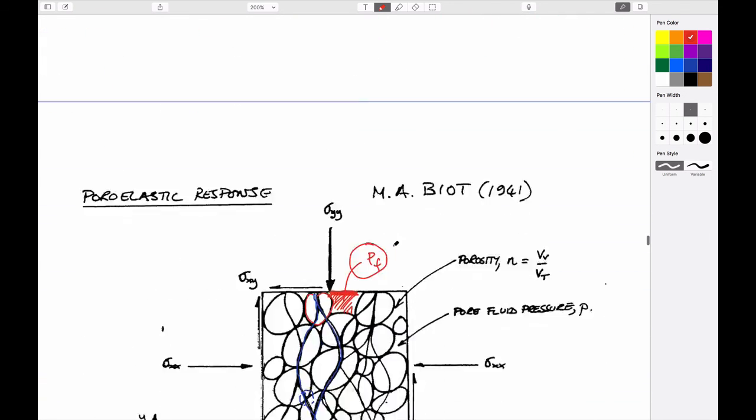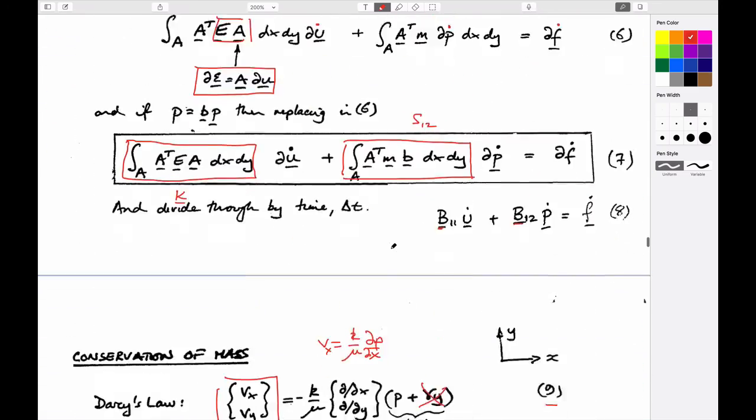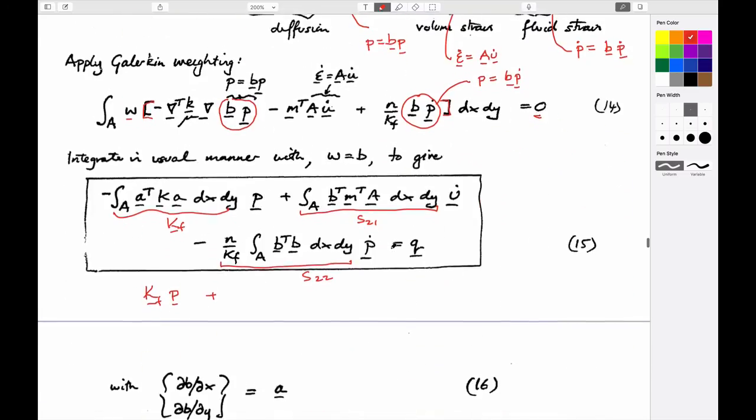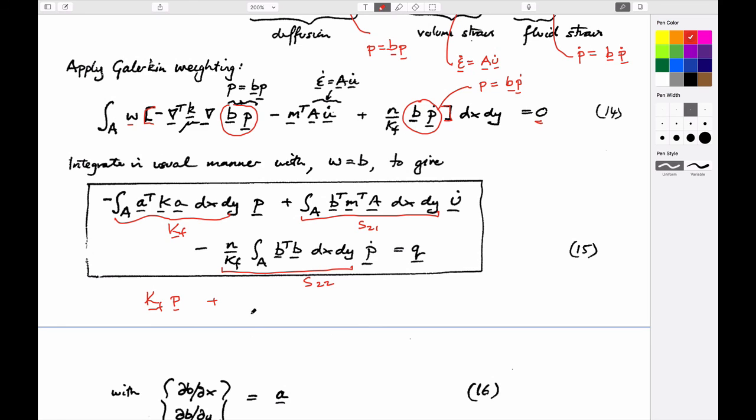So let's go back to where we were, and let's just confirm exactly what these things are. If we wrote this out in longhand, this would be this term here, which is S22 times P dot. I guess it's a minus in this particular case, but let's not allow that to get in the way.